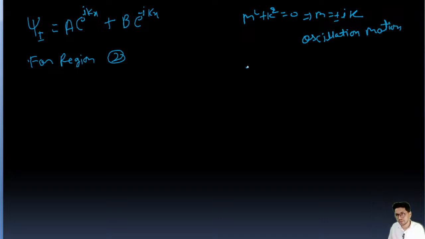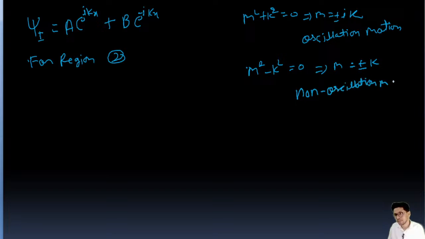And if m square minus k square equal to 0, it implies m equals plus minus k. In that case, it is non-oscillation motion.